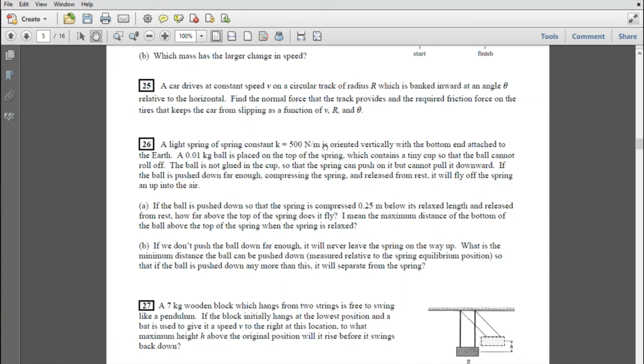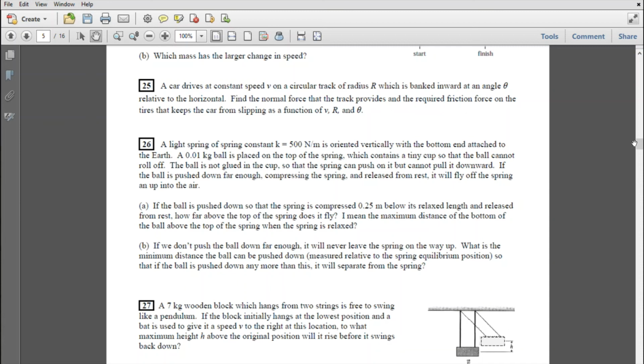25. A car drives at constant speed on a circular track of radius r, which is banked inward at an angle theta, the usual situation. Find the normal force that the track provides and the required friction force that keeps the car from slipping as a function of v, r, and theta. So this is one of those symbolic problems where I assume I know v, the radius of the track, and the angle of banking.